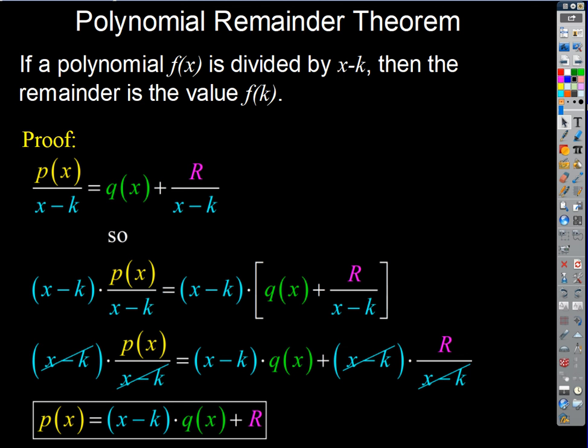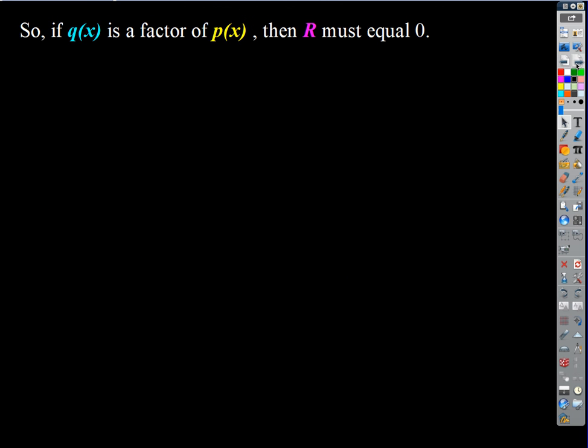That's the way we can always check. So if x minus k is a factor of p of x, then the remainder must be 0.